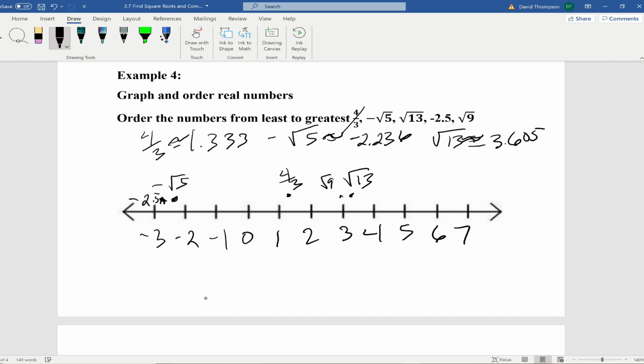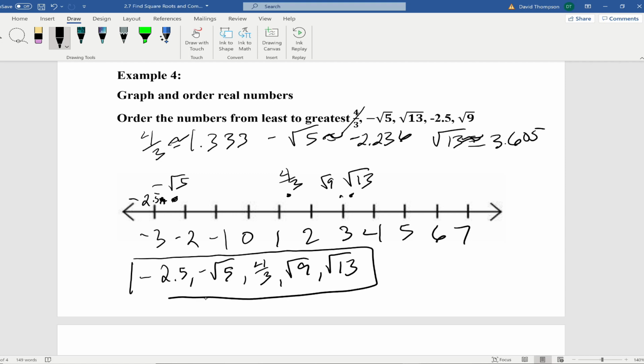So in order, negative 2.5, negative square root of 5, 4/3, square root of 9, and square root of 13. And we're done. We have an order from least to greatest. Hopefully this helps you understand how to order real numbers and find square roots and compare numbers.